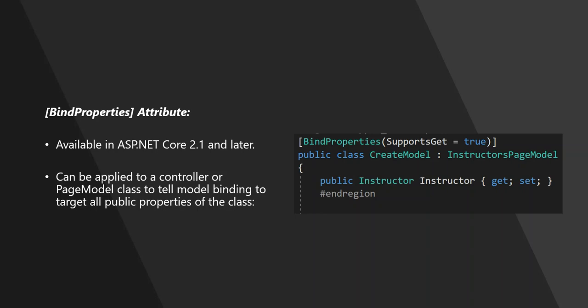If it is decorated with SupportsGet equals true, then it supports HTTP GET requests also; otherwise it doesn't. At the moment it is showing just one public property in that class, but if there are multiple public properties, BindProperties supports model binding for them. We'll see in a moment what it does by actually going into the code.